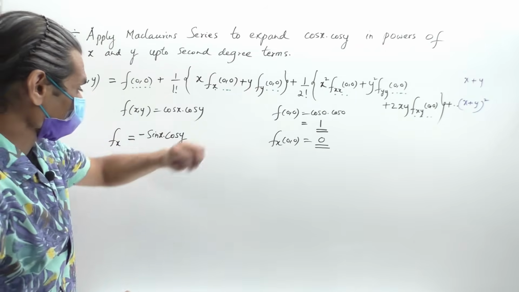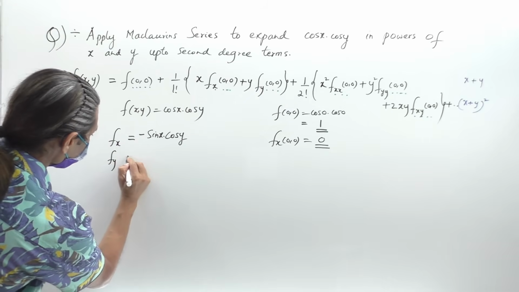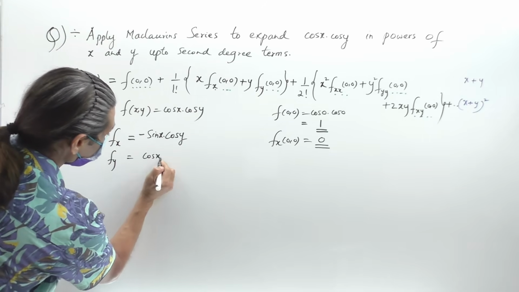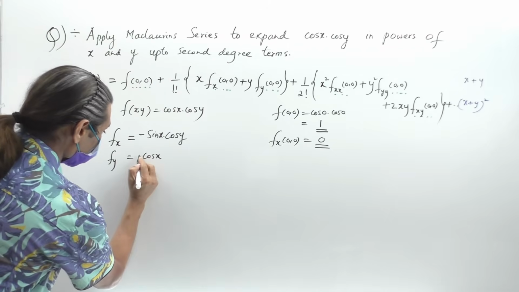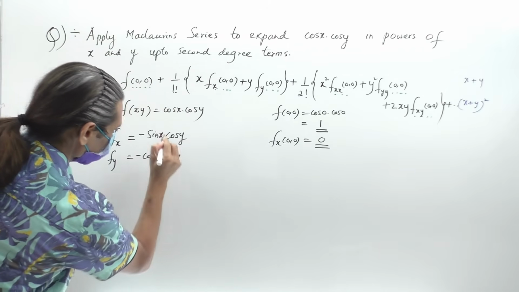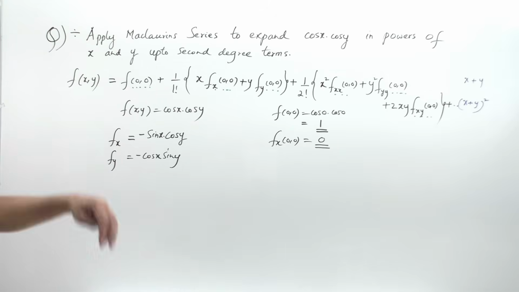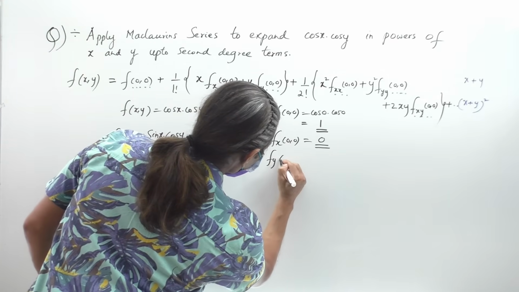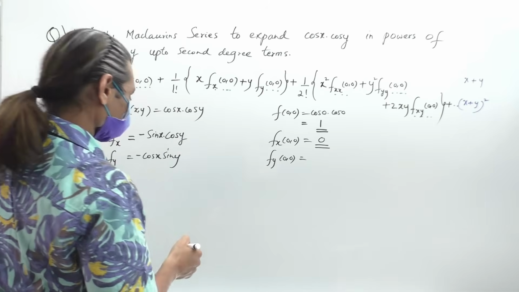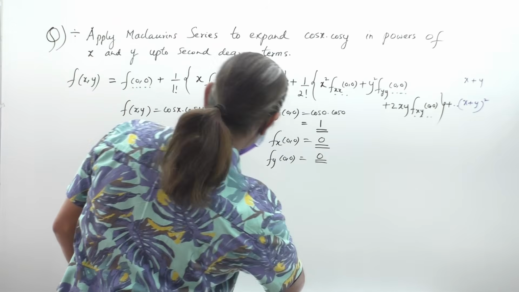Next, I need to find fy. So fy will be, again, cos x as it is, don't touch it. Derivative of cos y is minus sin y. So fy of 0 comma 0 will be, again, because sin 0 is 0, it is 0.